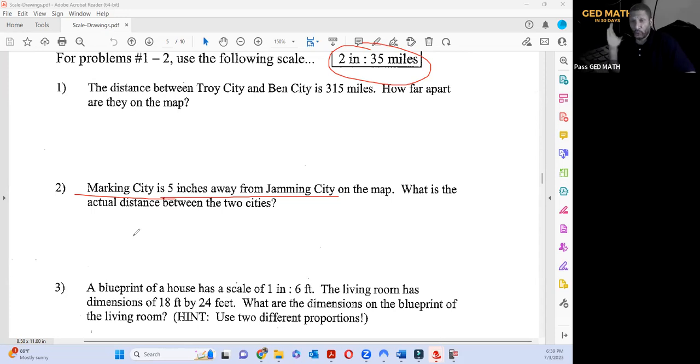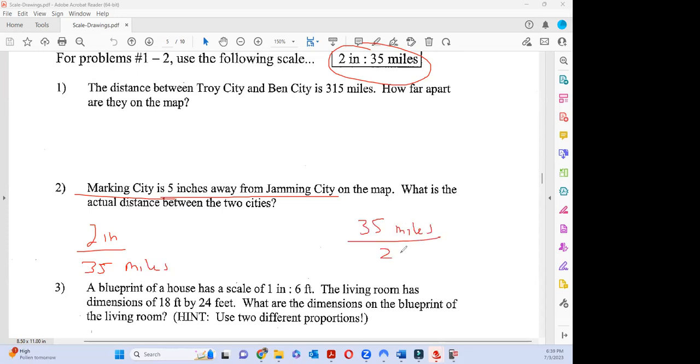That goes first. And I don't care how you write it. You could say 2 inches is the 35 miles. You could also say 35 miles for every 2 inches. It doesn't matter what order you put it, as long as you're consistent on the other side of the equal sign. So they give you 5 inches. Where's that 5 going to go in the first proportion that I set up? Going on the other side.